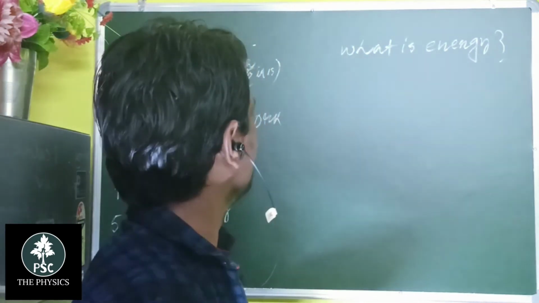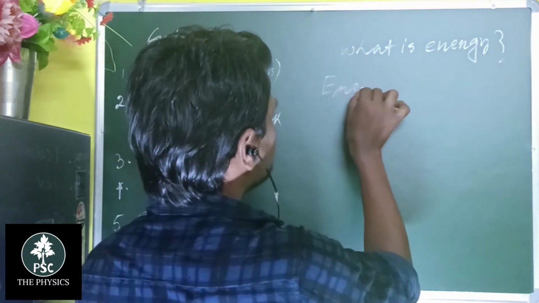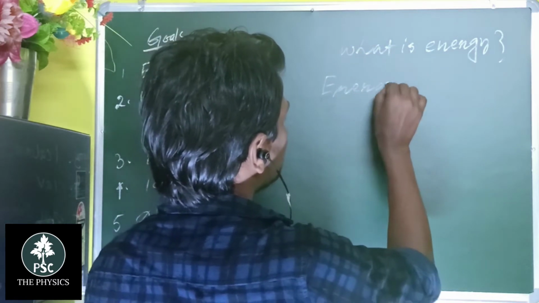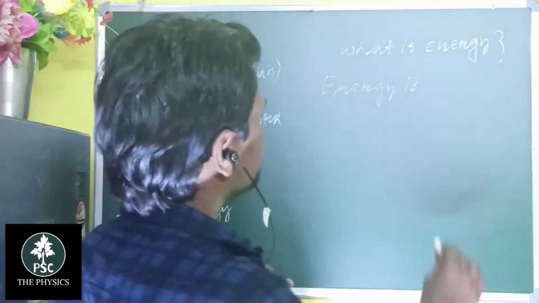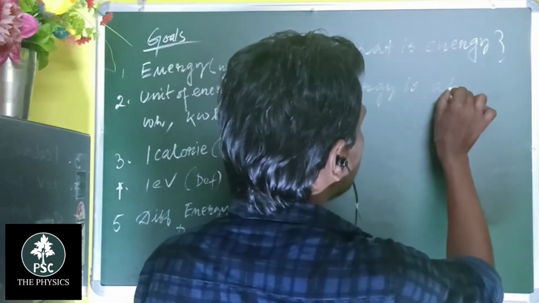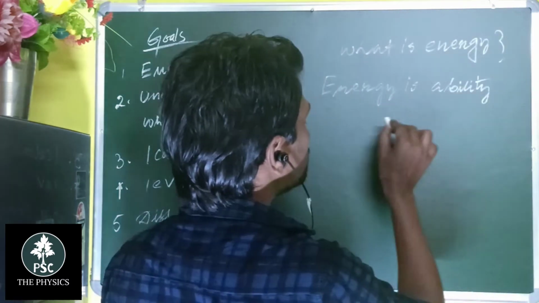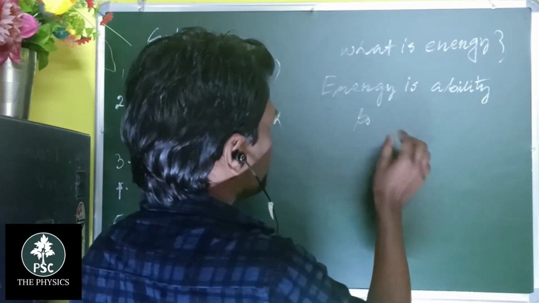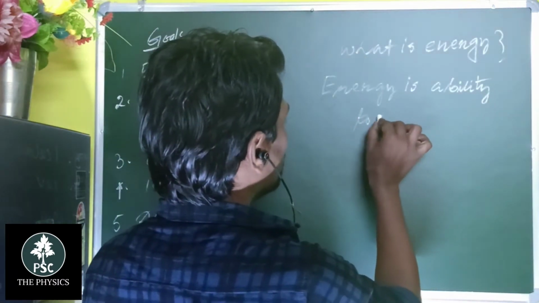What is the definition of it? So energy is the ability to do work. Simply we can write as energy is the ability to do work.